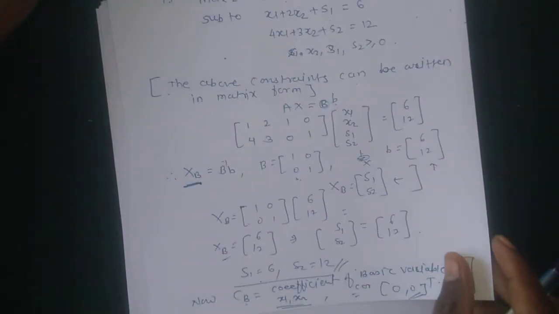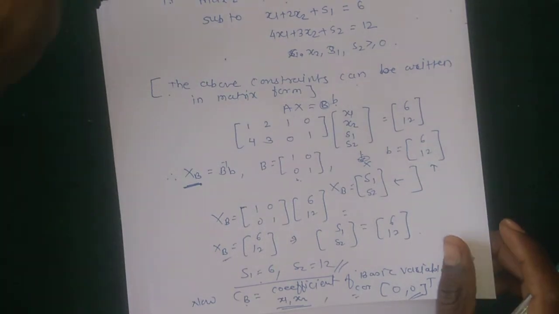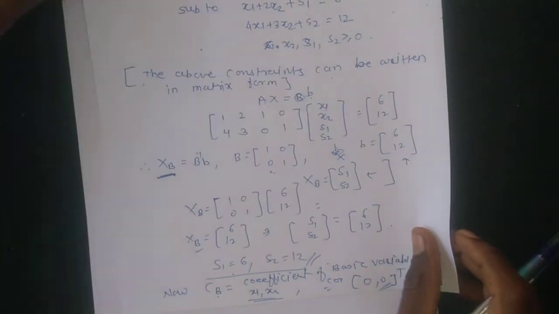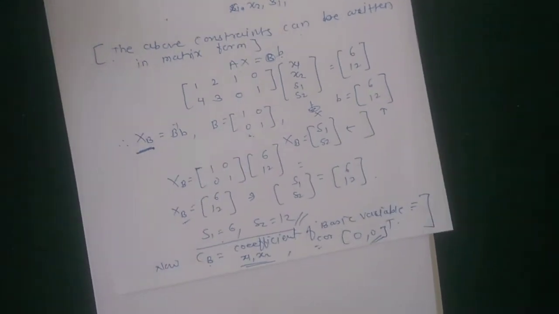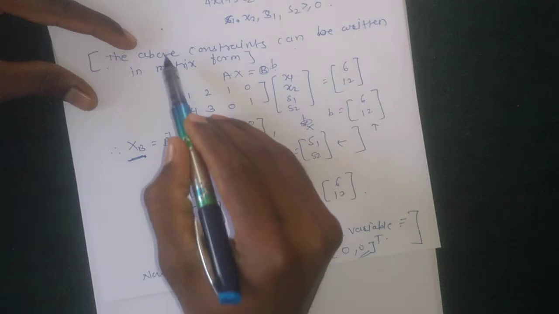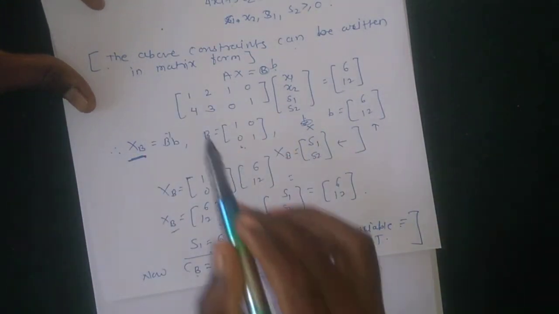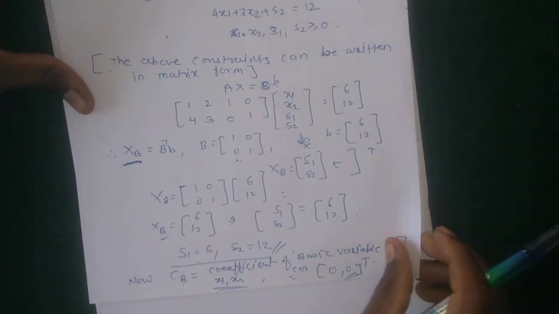zj minus cj. Now we have to find zj minus cj. This is in brackets. Why is this in brackets? Because there is no need to write it in each example.